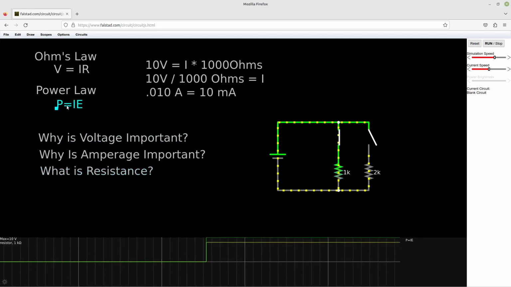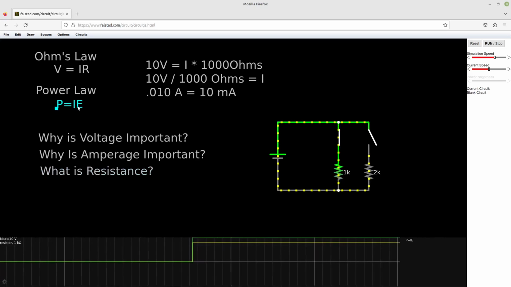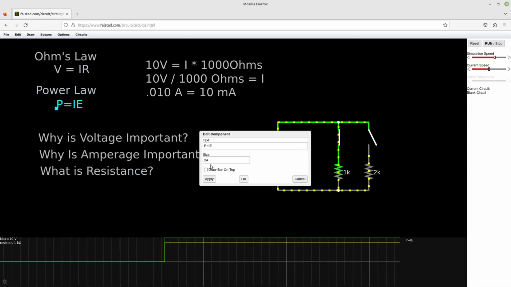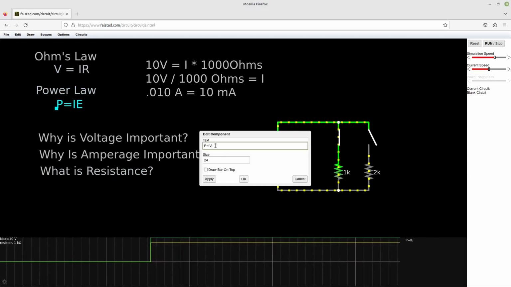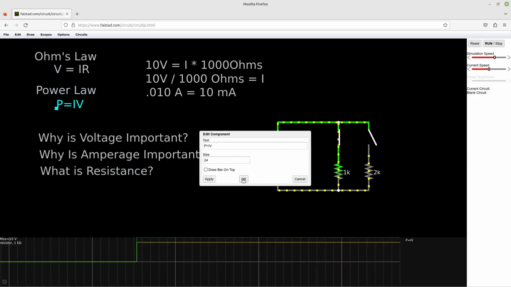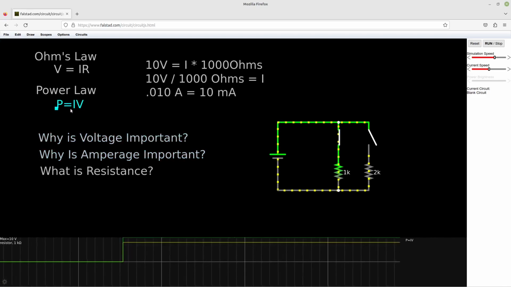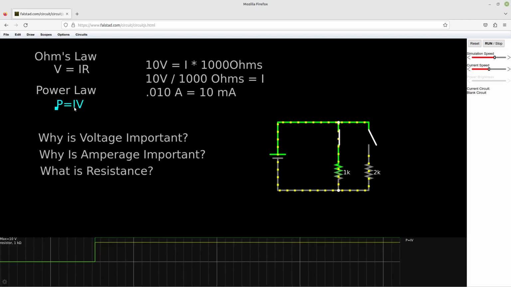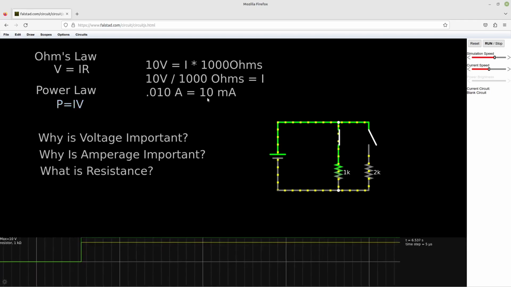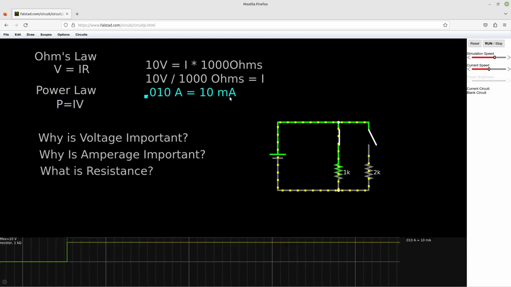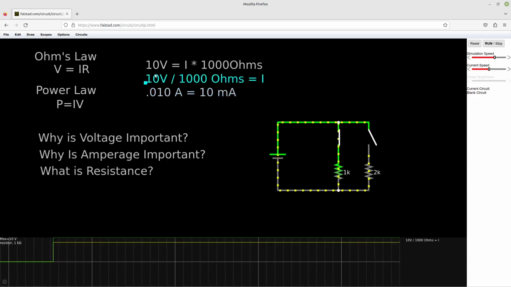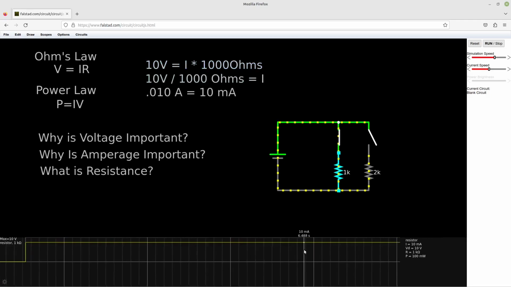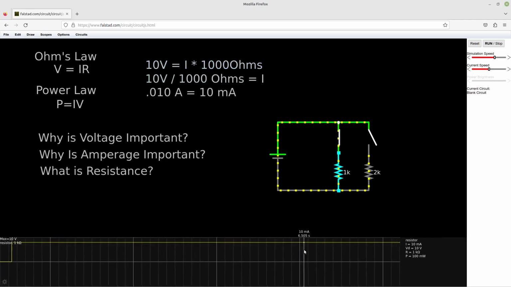It is P equals I times E, which is easy to remember because it's pi. However, E and V happen to equal each other, so for sake of sanity, let's make it PIV instead. So obviously power equals our current times our voltage. So if we have 10 milliamps and we multiply it by 10 volts, what we're going to end up with is our 100 milliwatts.